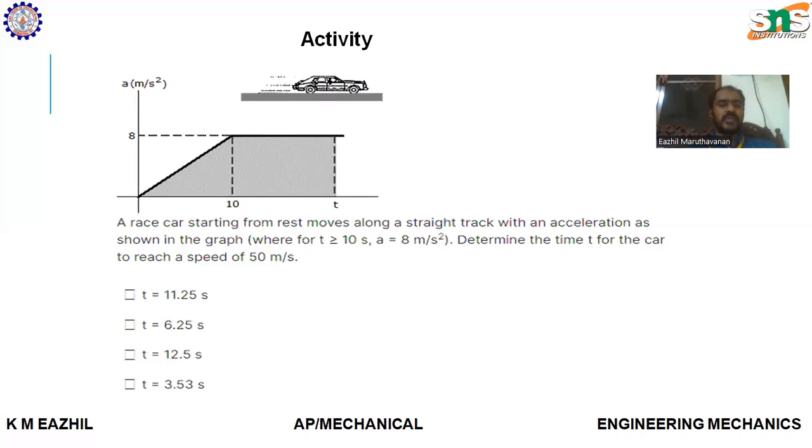Here, it starts from rest and moves on a straight track. For that, the acceleration needs to be given. And when it reaches the maximum speed, it travels at the same uniform speed. So we have to find the t for the car to reach the maximum speed of 50 meter per second.